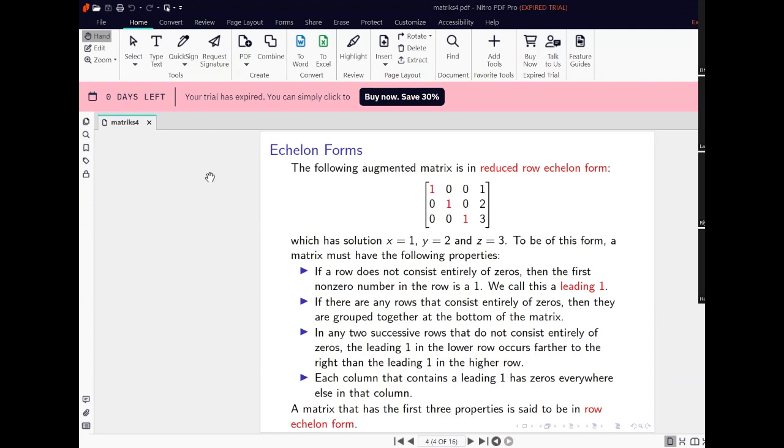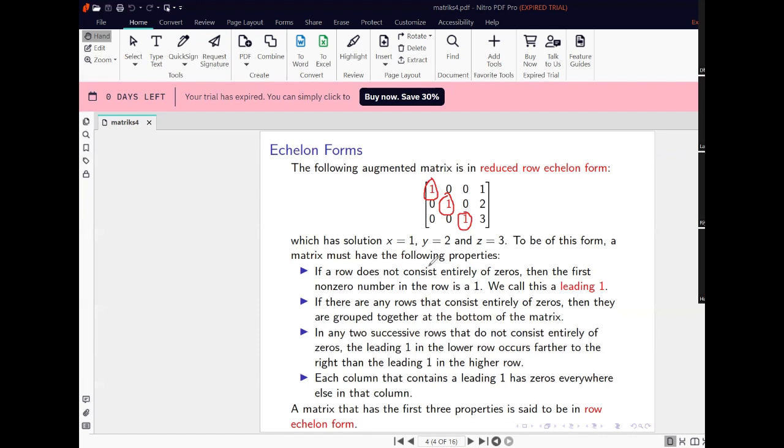So we can say that this one is called a leading one, and this number is also a leading one. We go on to the next row. The first non-zero number, which is the third entry, is also 1. So this satisfies the first property.